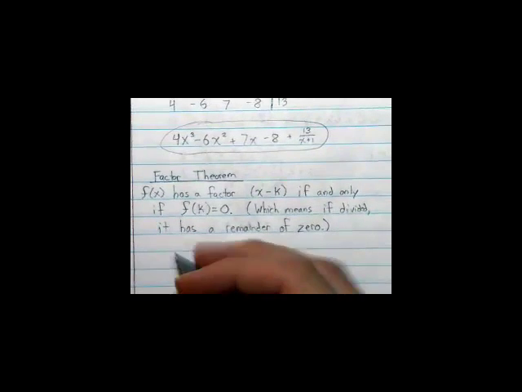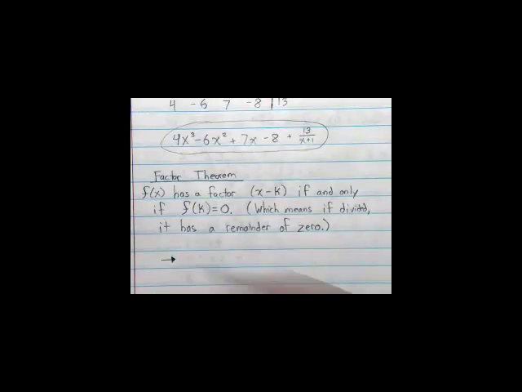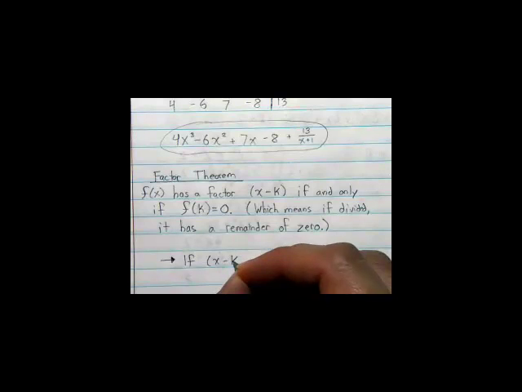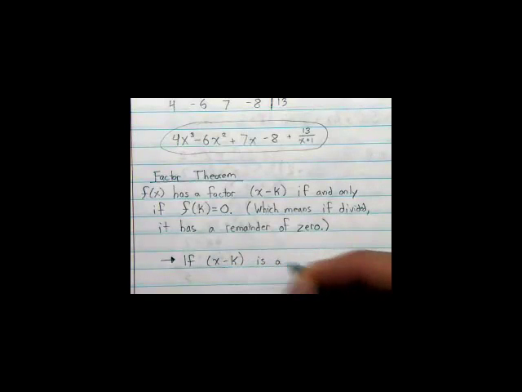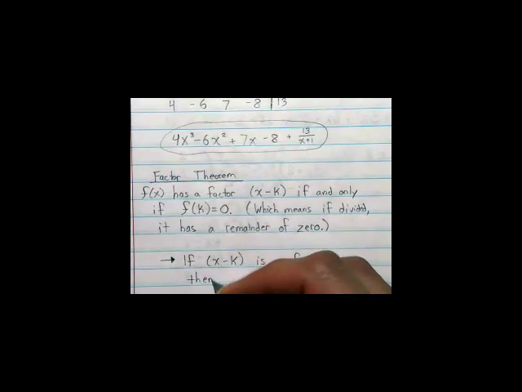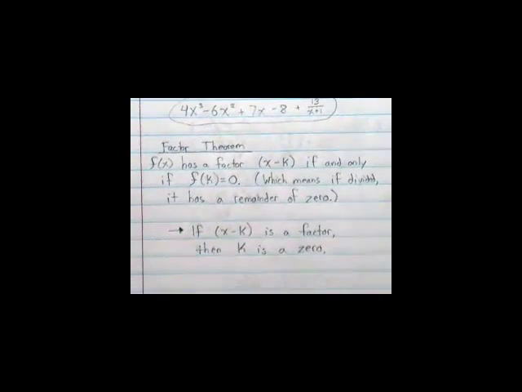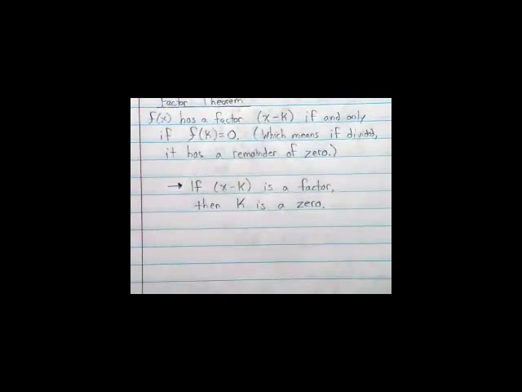Okay, so kind of the big idea here is if x minus k is a factor, then k is a 0. Now there are other words that we use for 0 like solution, x-intercept, all that stuff. Okay, we're going to call them zeros for now. But if x minus k is a factor, then k is a 0.